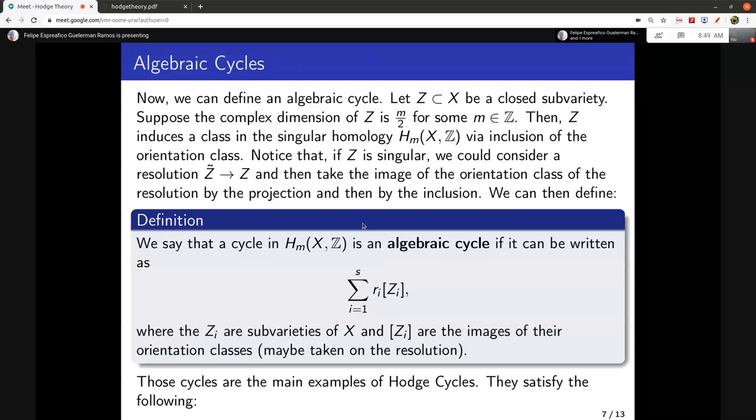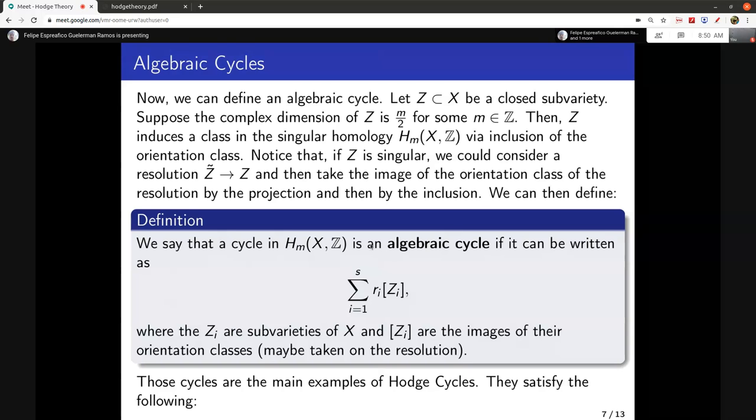So, anyway, in both cases we can define a class here, and we can call this class [Z], this bracket Z, and now we can make this definition.